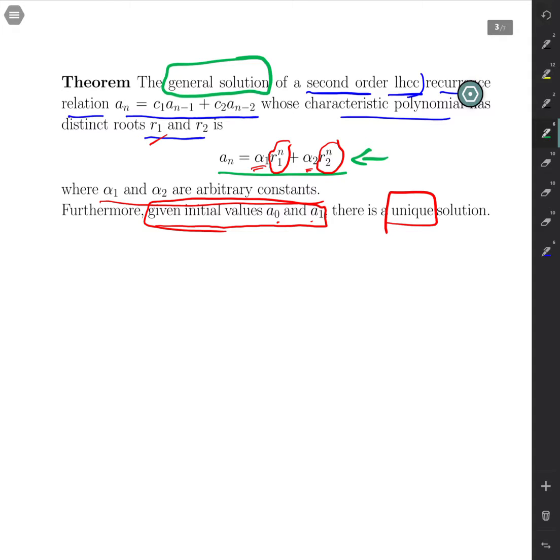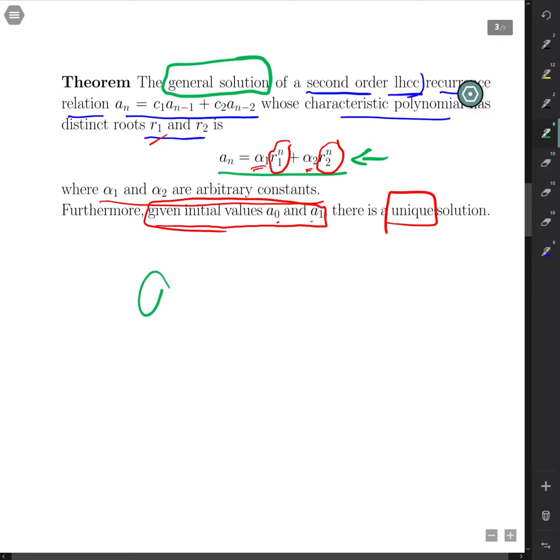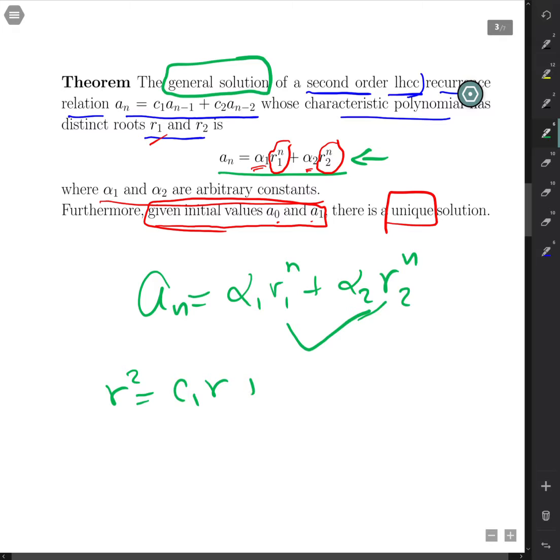I think the next order of business is to take this theorem we established in the last video, that the general solution has that form, where these solve the characteristic polynomial. The characteristic polynomial, also called the characteristic equation, looks like this, right?